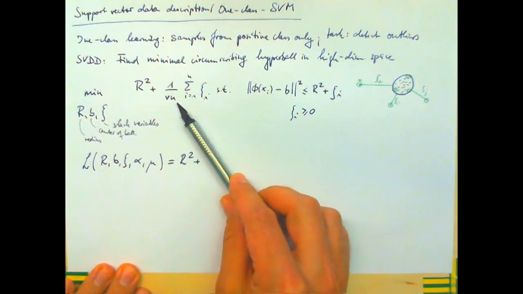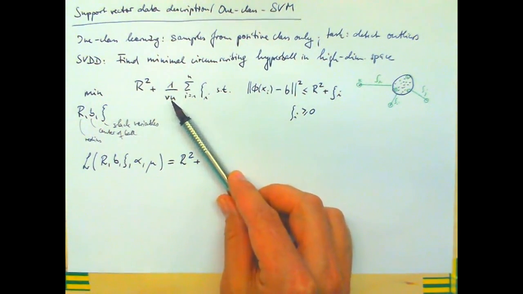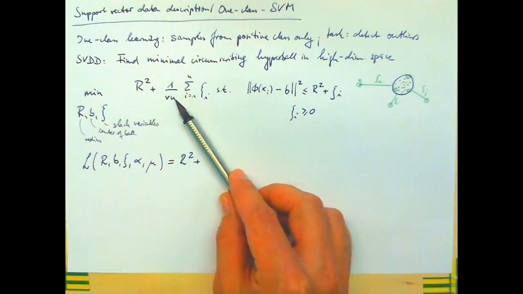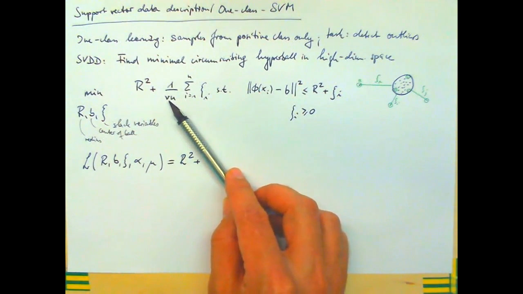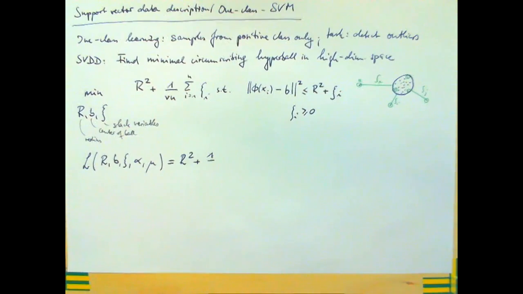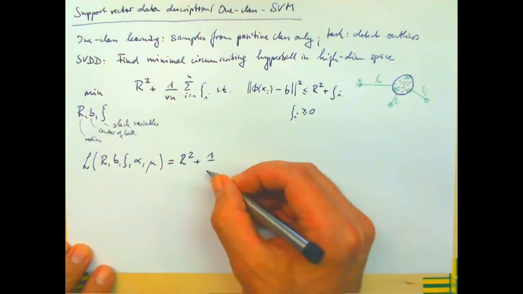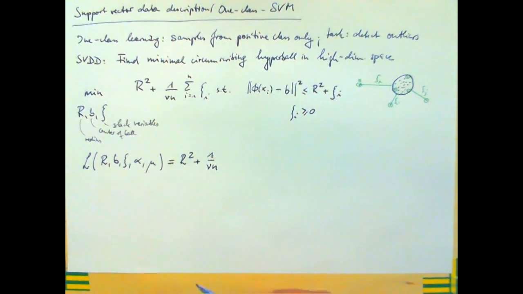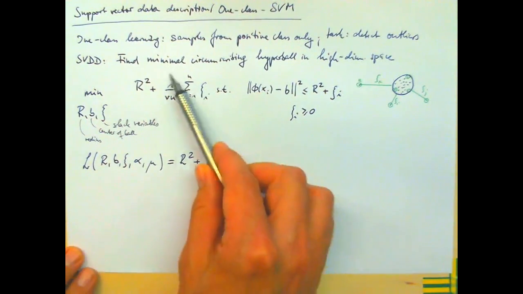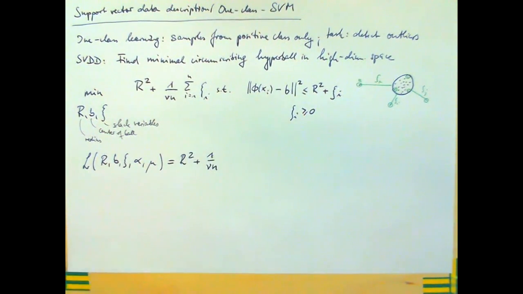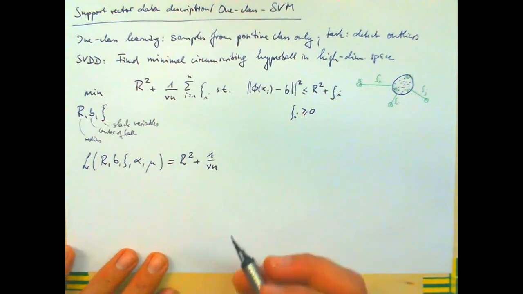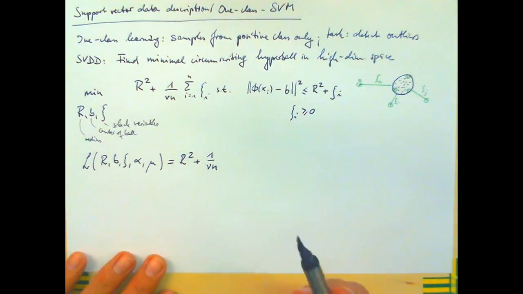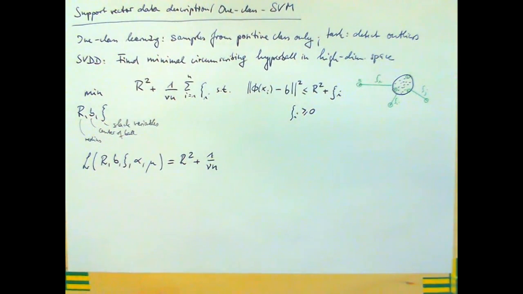This time I'm writing 1 over nu times n. n is the number of points, and the idea is that normalizing by the number of points here will give you something that's more independent of the training set size. And nu is now your user chosen parameter. Last time we had to fix c as a design parameter, and this time you have to fix nu. Same thing. It's the user design parameter which trades off how much slack you want to admit.